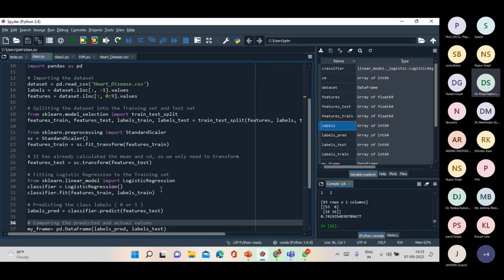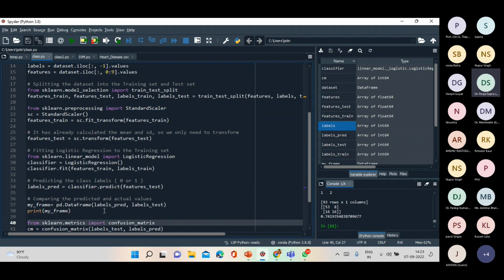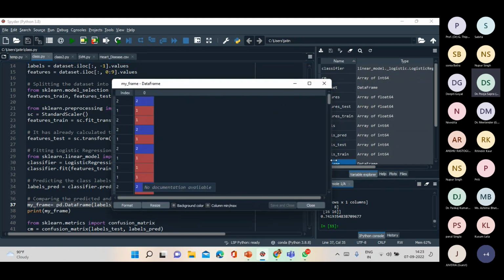After that, once we have predicted our labels from this features test, now I want to check what are the labels predicted and what are the labels from test data. What actually is and what I have predicted from testing, that I want to check. So let us see my frame over here.